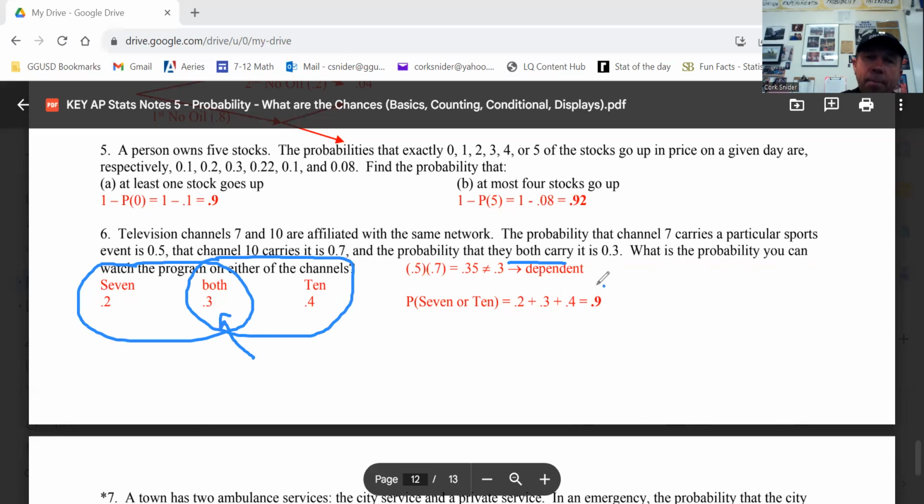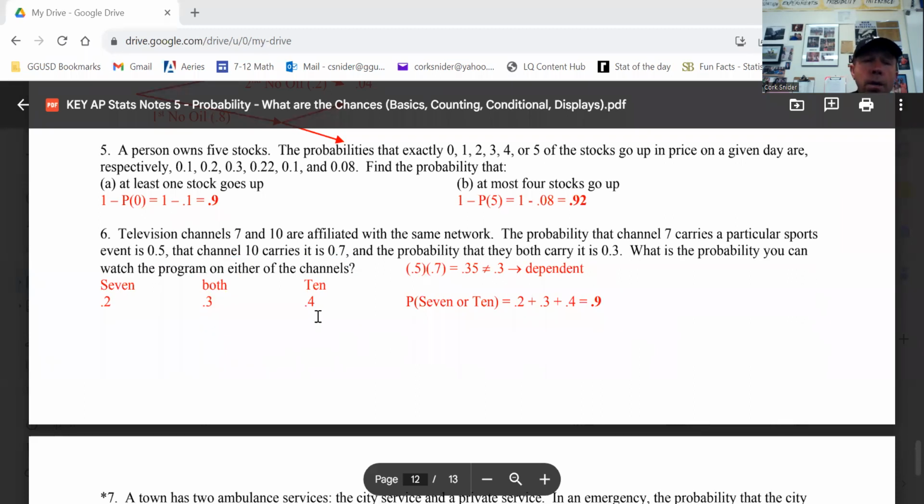There's actually a 90% chance here. Because you're going to add 0.2, 0.3, and 0.4, or you can add 0.5 plus 0.7 minus 0.3. That's going to give you the same answer. There are 2 ways to do that, okay? We have definitely studied that quite a bit.